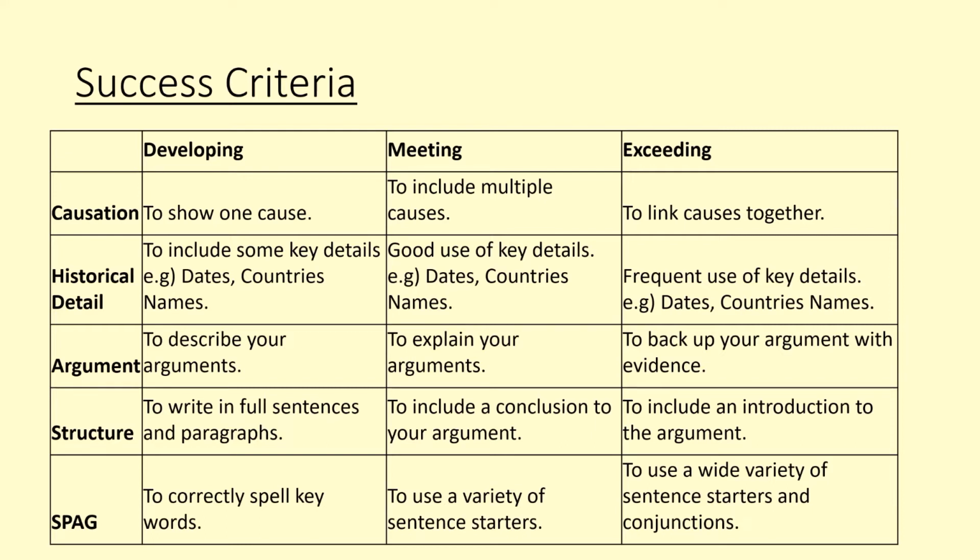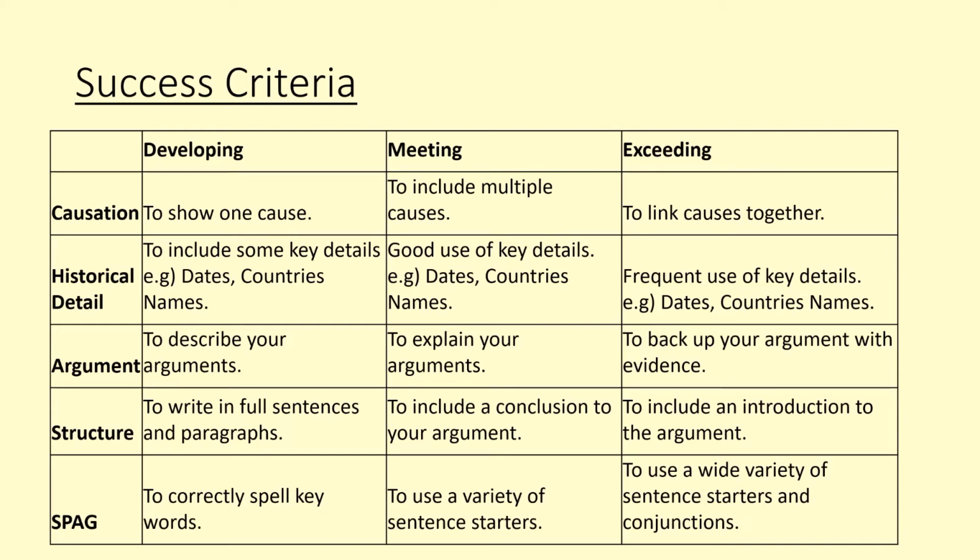Meeting, to use a variety of sentence starters, so not just one cause is. We're using different sentence starters to make your answer more interesting to read. And then finally, exceeding, to use a wide variety of sentence starters and conjunctions to make your work flow and be cohesive.